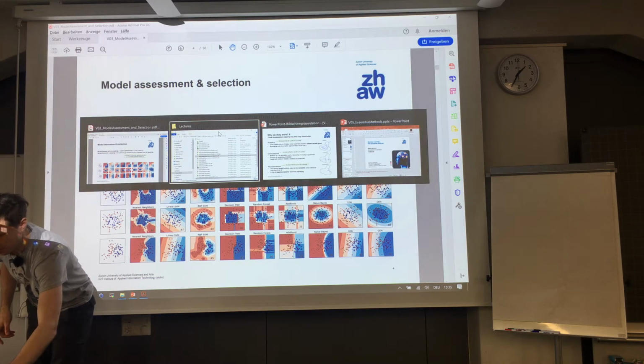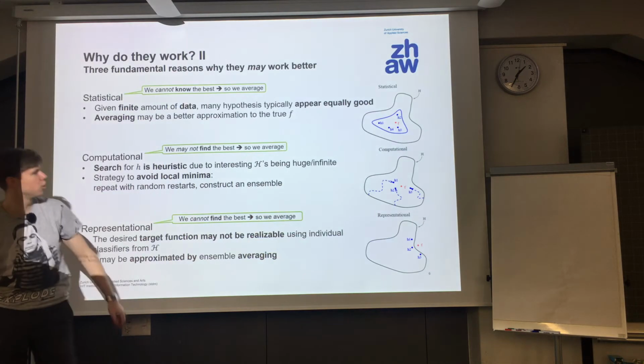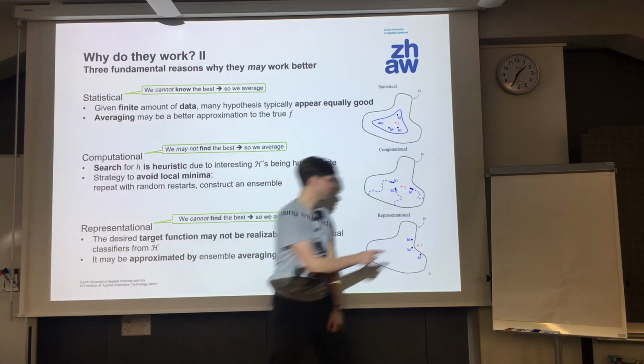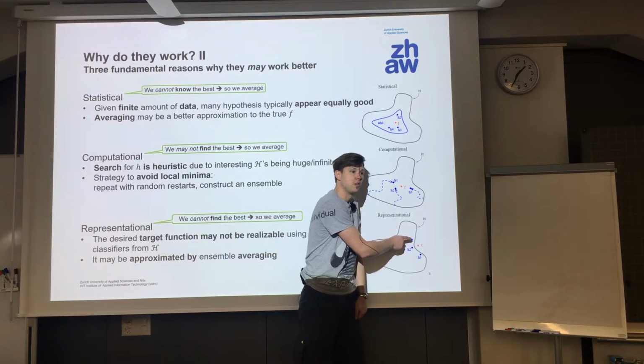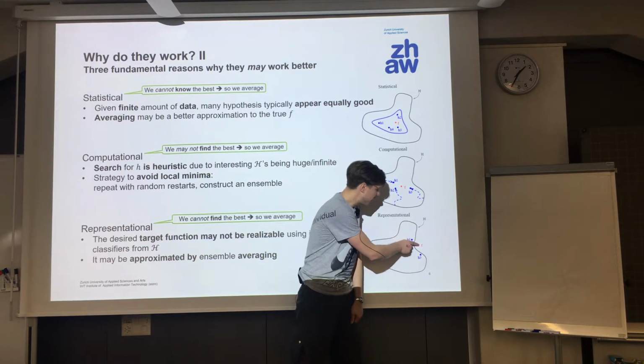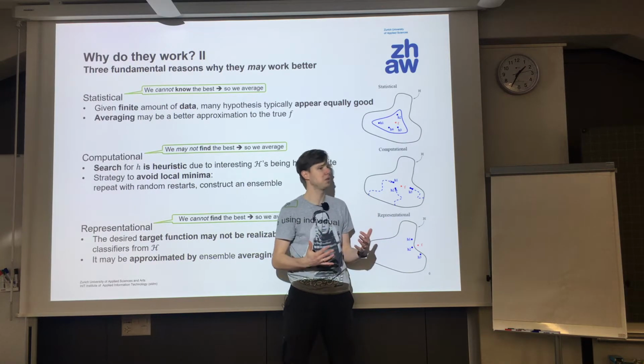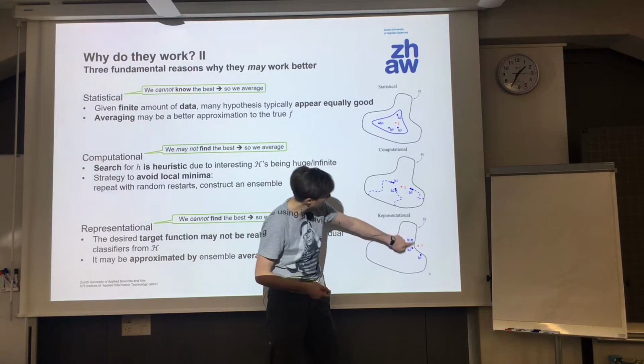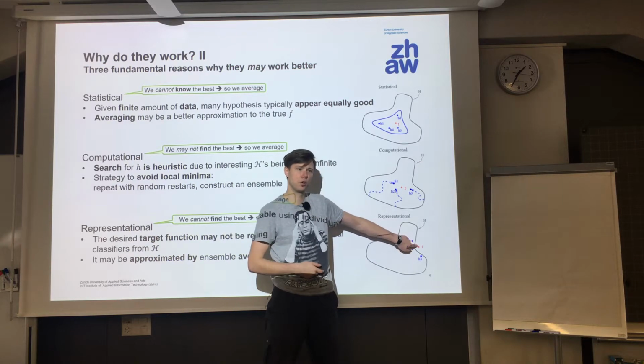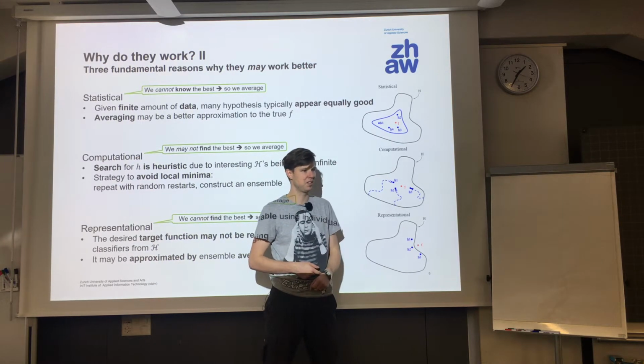So if the decision surface that you actually want is curved and you're bound to rectangular stuff, you can only get so close to the true function because you're limited by the hypothesis space you have chosen. But by combining these, you can basically get outside of your original hypothesis space.